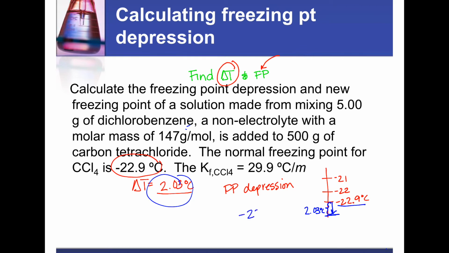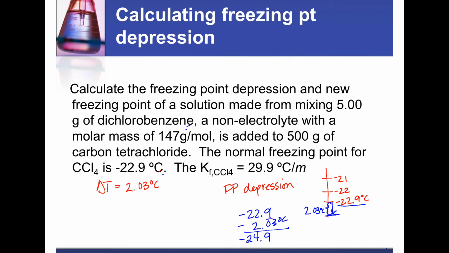So negative 22.9 minus 2.03 degrees. And on my calculator I got negative 24.9, only one place past the decimal, degrees Celsius. So that new freezing point is 2.03 degrees lower than the normal freezing point.